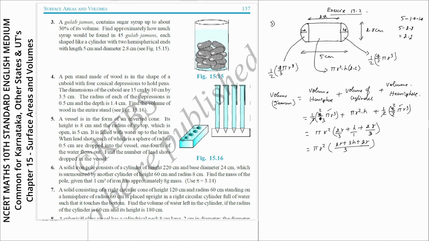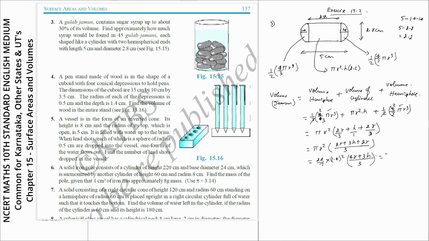Now substitute the values of pi and r. So pi is 22 by 7, r is 1.4 the whole square. Now here 2r plus 2r I'll get 4r plus 3h, by 3.